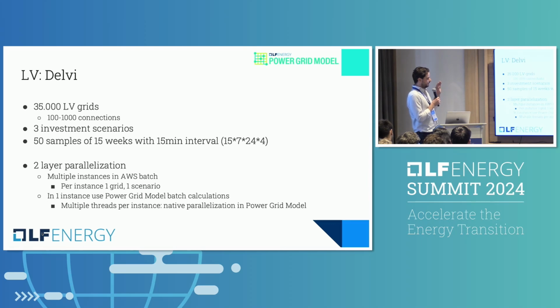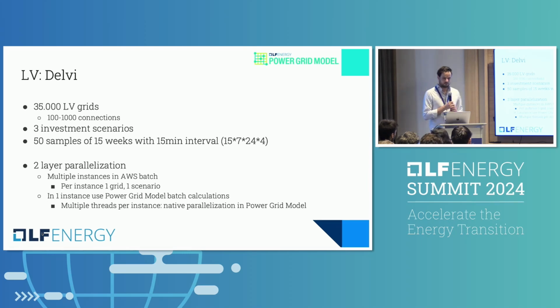Then we want to do calculations on all of those grids for 3 different investment scenarios, where we use 50 samples of 15 random weeks with a 15-minute time interval. So, well, I'm not going to calculate it exactly, but for the ones of us that are good in math, it's millions and millions and millions of calculations that need to happen.